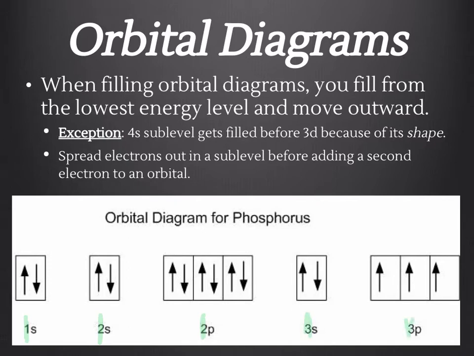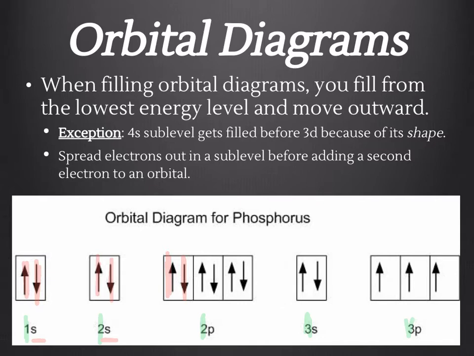The S and P are the different sublevels, and each box is an orbital. The electrons here in red, these are your arrows. Your arrows represent the electrons. So now we have electrons filling in the orbitals, which correspond to a sublevel, S, P, D, or F, and each of those are going into a specific energy level. So I'm really telling you where the electrons are inside an atom.